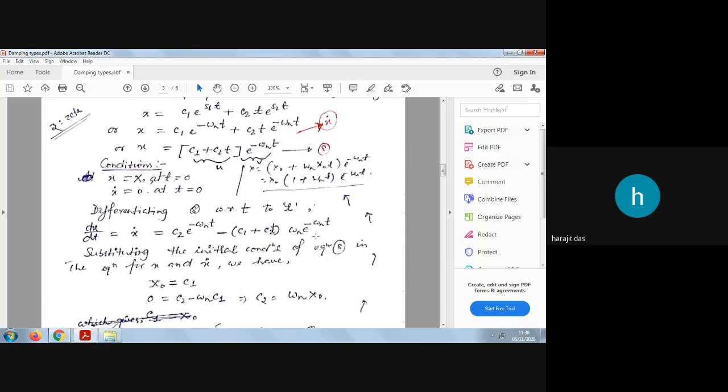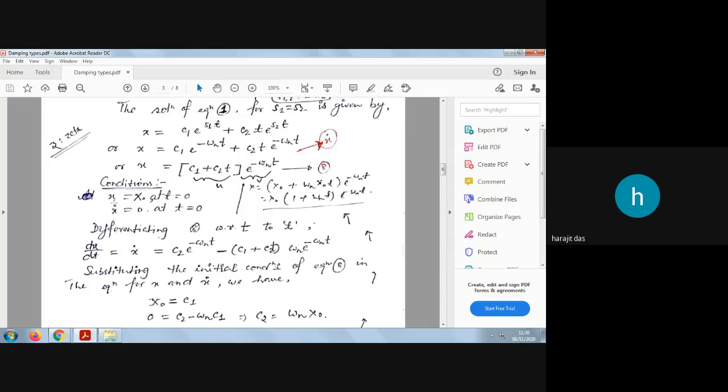Now you can put the two initial conditions in these two equations: the displacement condition here, and the velocity condition in this velocity expression.